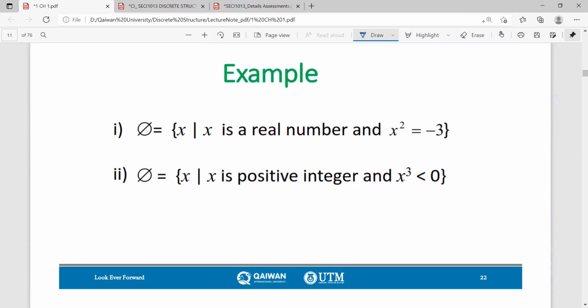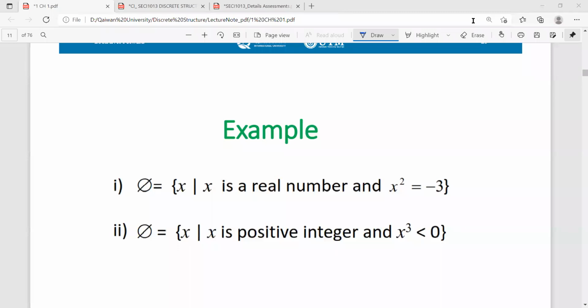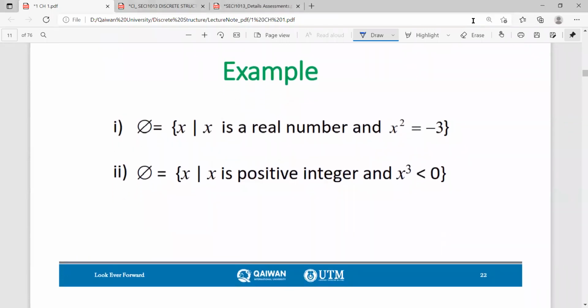Here you have an example. So now we have this example. We say the set of x, where x is a real number and x squared is less than -3. Since we have x squared and all the squared numbers must be positive, we have no number that is squared and equals a negative number.